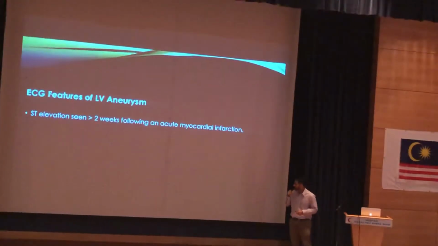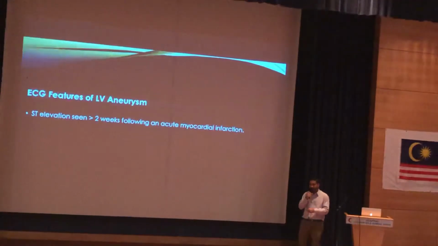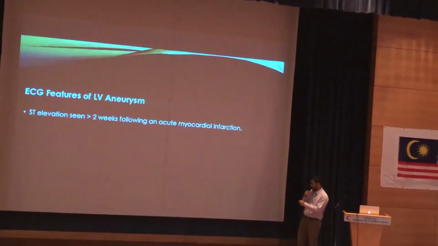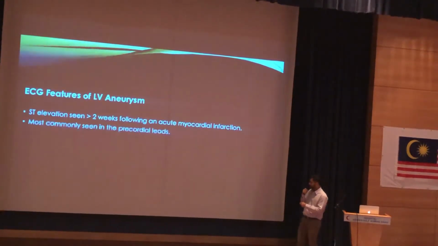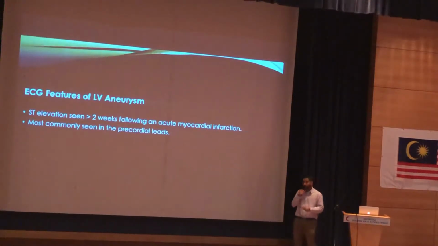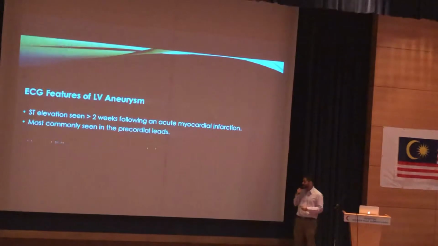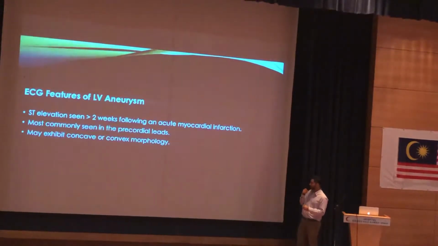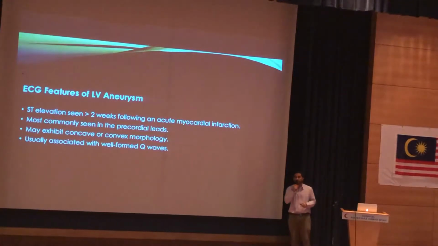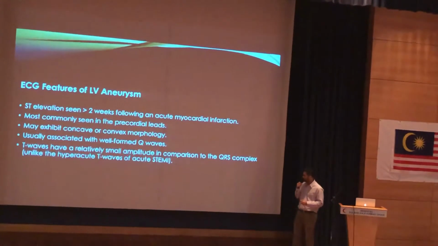So ECG features: ST elevation persisting after 2 weeks, in a patient who comes with a stormy admission, think of ventricular aneurysm. The ST elevation is most of the time over your precordial leads, not your limb leads. It can be concave or convex, and most of the time you get a very well-formed Q wave.